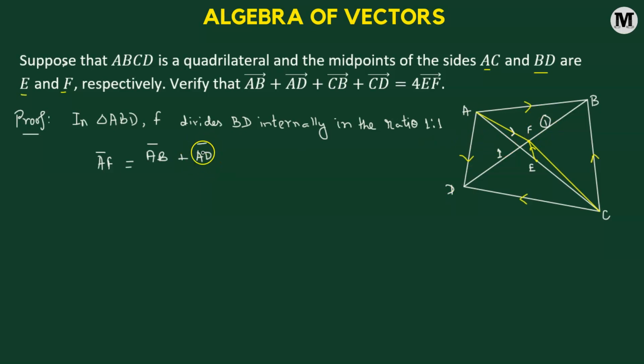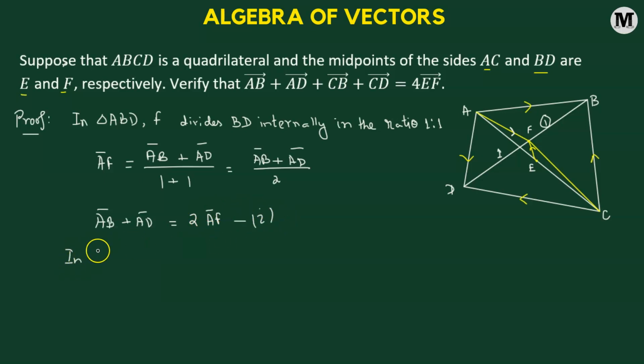This is the section formula that we are using, divided by 1 plus 1. So that means we have AB vector plus AD vector whole divided by 2, which means cross multiplication with 2 on both sides gives us AB vector plus AD vector equals 2 times the vector AF. We're going to label this as number 1.